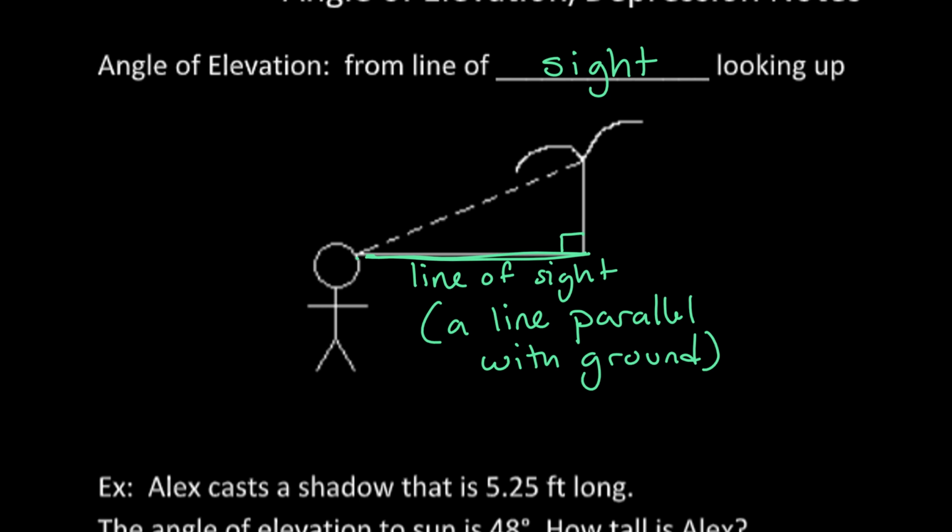What angle starts at the line of sight and goes upward to reach its second line? You mean the hypotenuse side, right? Which one's your line of sight? This one's the line of sight. Good. So you start at that, and which one goes upward to reach its second line?